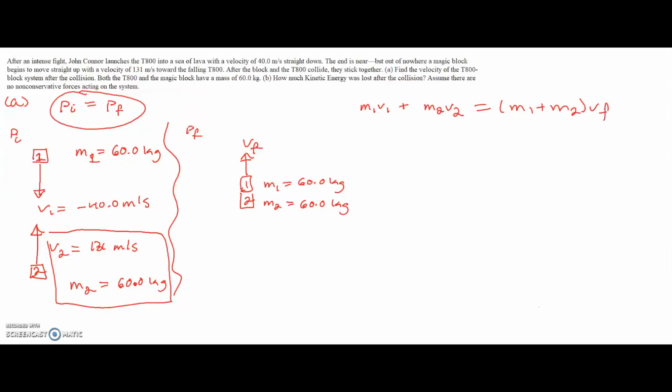And if I were to distribute the VF, that would show that both objects would have the same final velocity after the collision. And so if we want to find the final velocity to solve for part A, we divide both sides by mass 1 plus mass 2 to get velocity final by itself. So now we have this handy dandy equation.